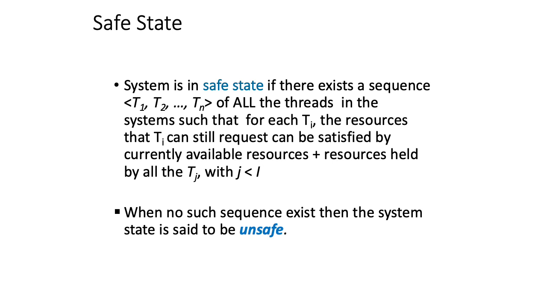How can we do that? To explain more, if the thread Ti needs resources that are not immediately available, we can make it wait until Tj, which is the previous one, has finished and released those resources. So the threads come in order, use resources, finish, and release them.